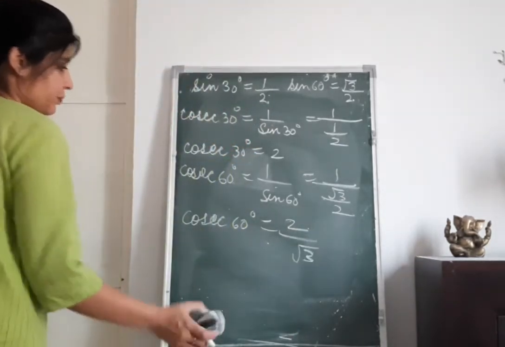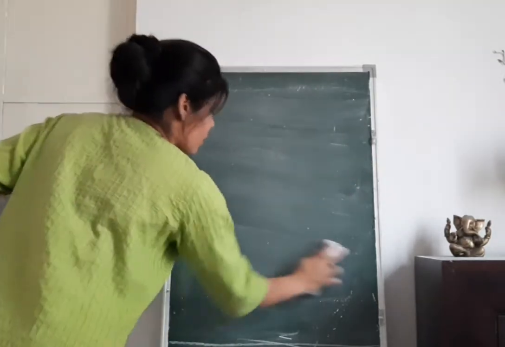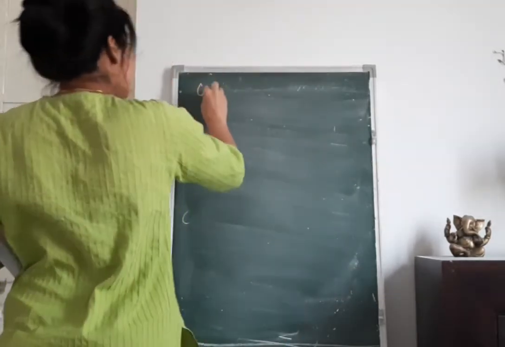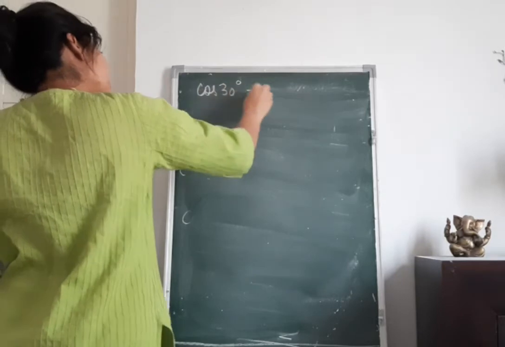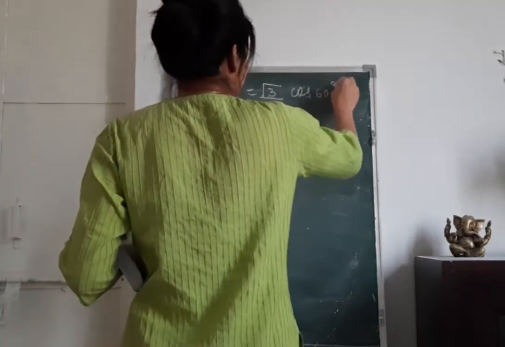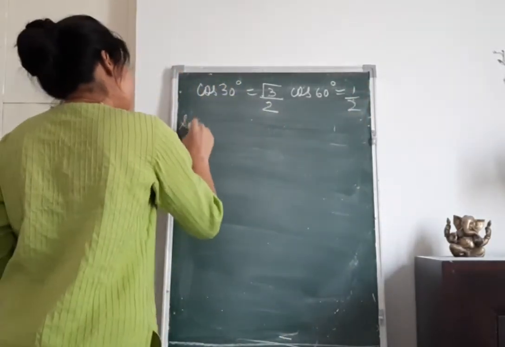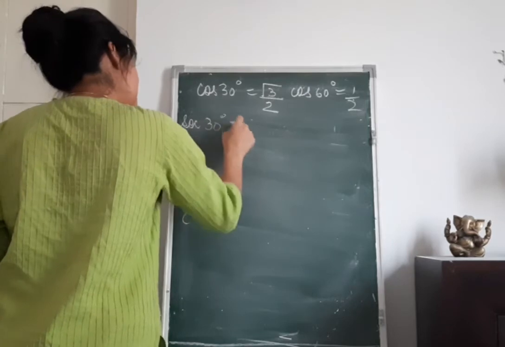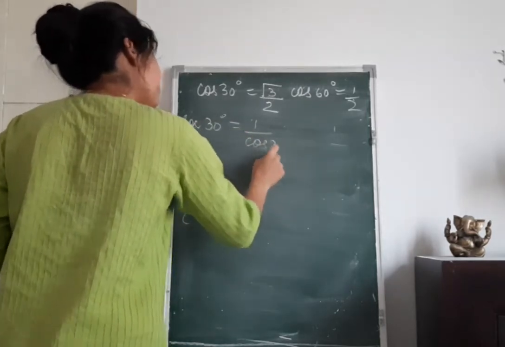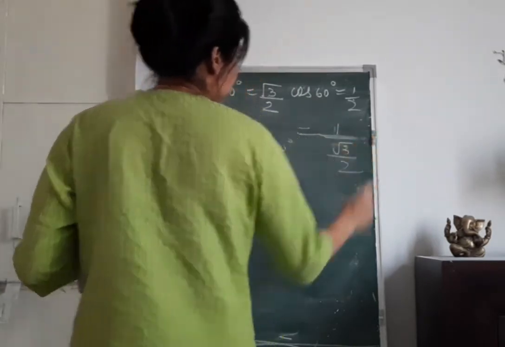Now, what is cos 30 degrees equal to? Root 3 by 2. And cos 60 degrees is equal to half. What will be sec 30 degrees equal to? 1 upon cos 30 degrees, 1 upon root 3 by 2.